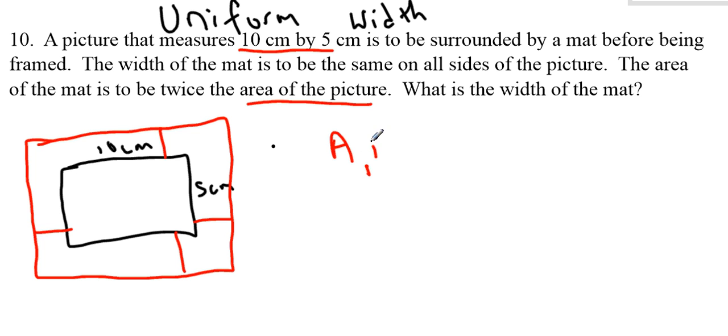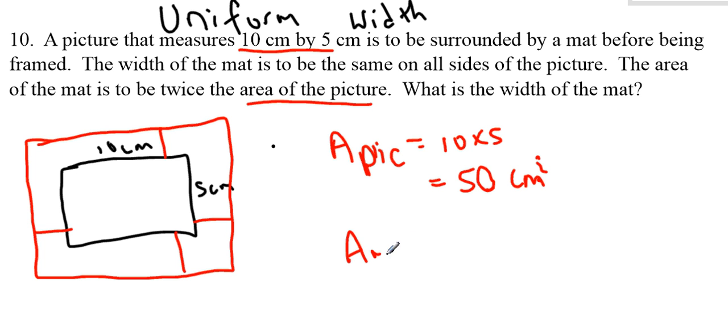The area of the picture is 10 by 5. So we have a 50 centimeter squared picture. And the area of the mat is supposed to be twice that. So the area of the mat is supposed to be 100.